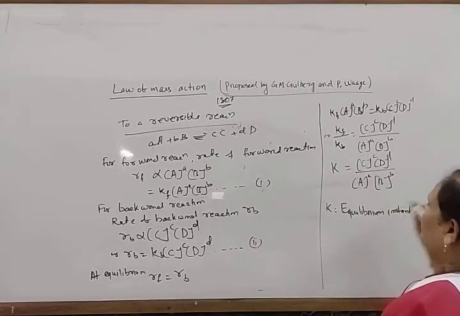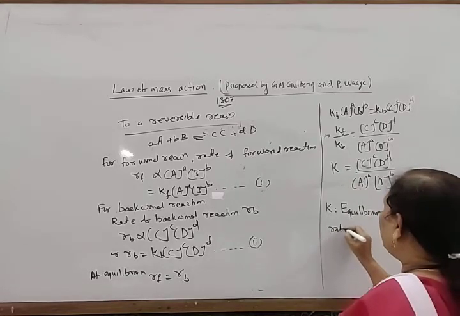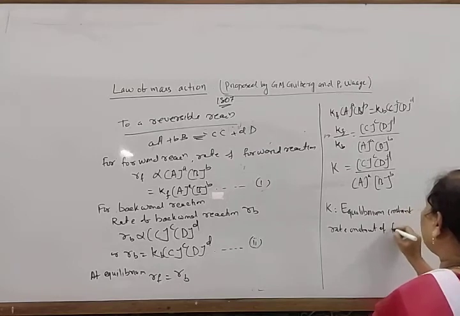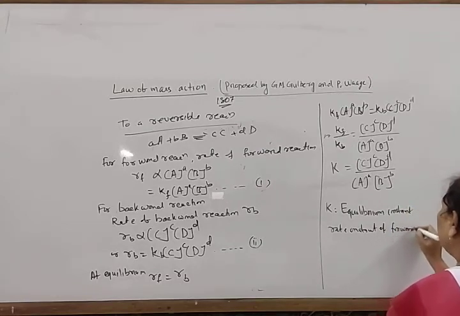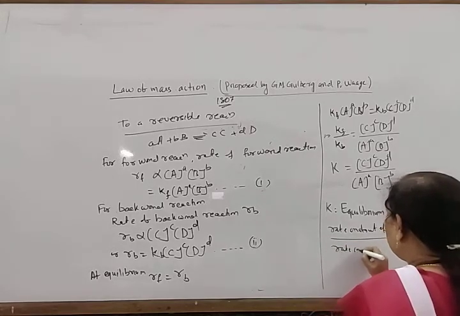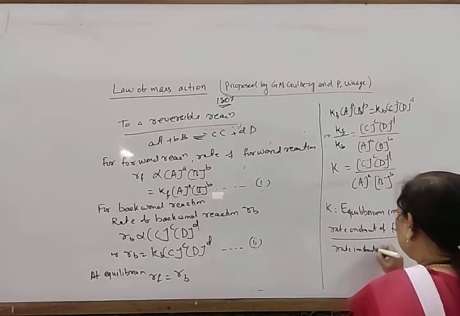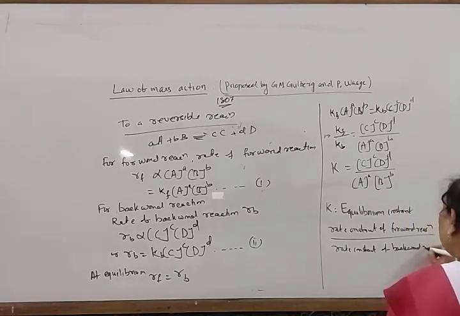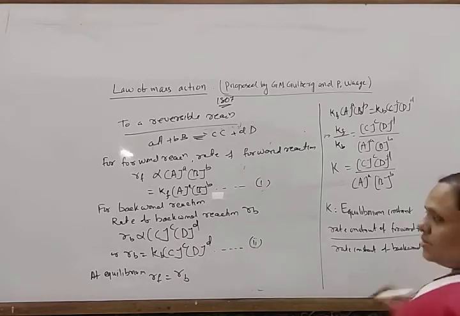And what is that? This is the ratio of the rate constant of the forward reaction divided by the rate constant of the backward reaction.